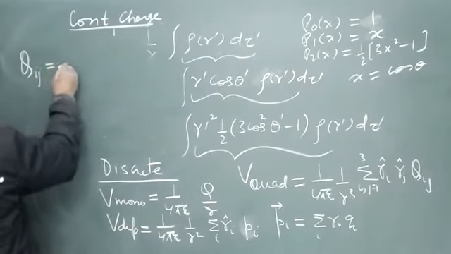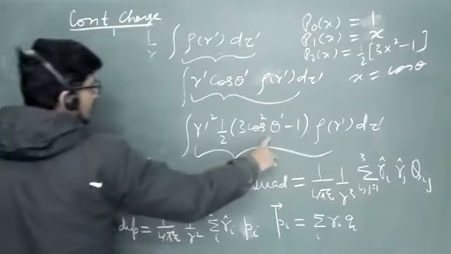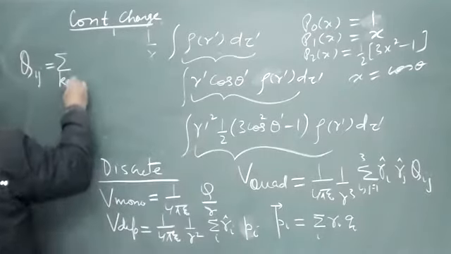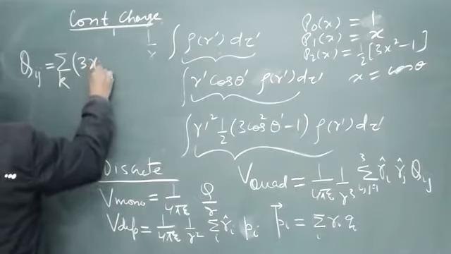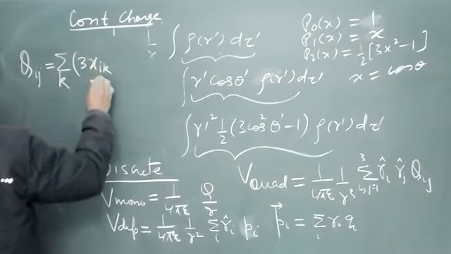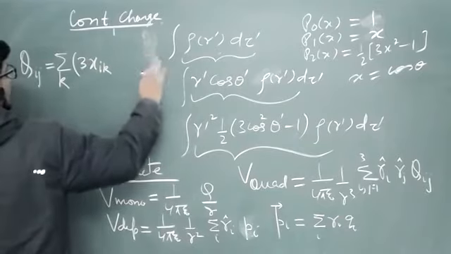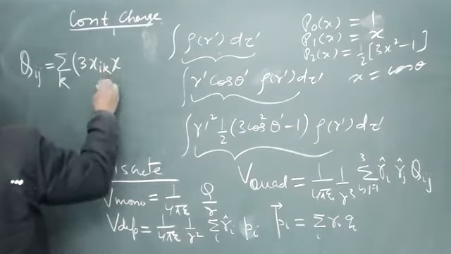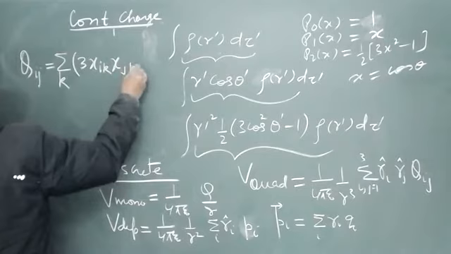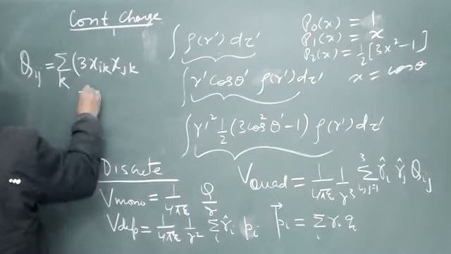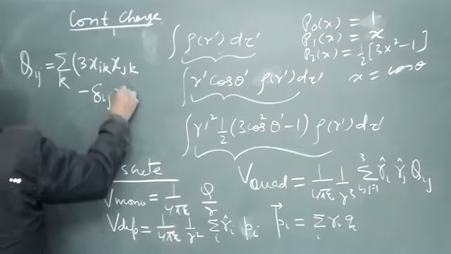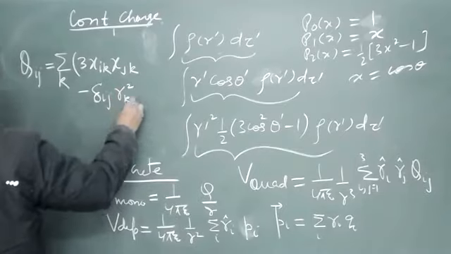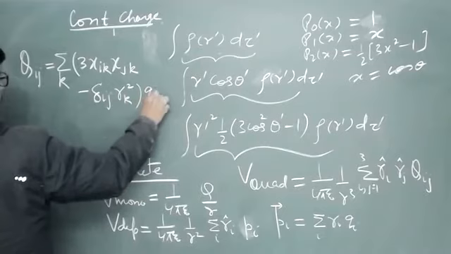This is equal to summation k. अब ये मैं इस चीज को लिख रहा हूं, okay? And 3 times xik xjk minus delta ij rk square and qk.